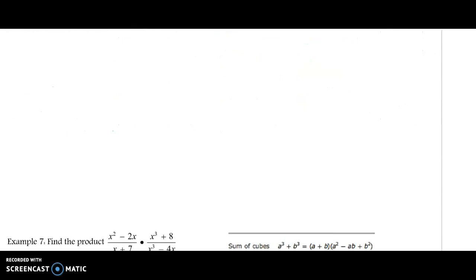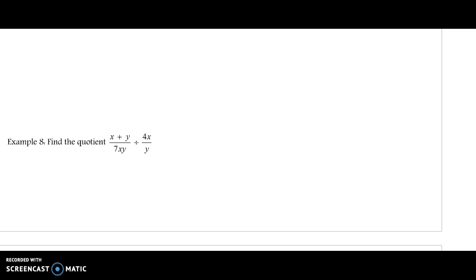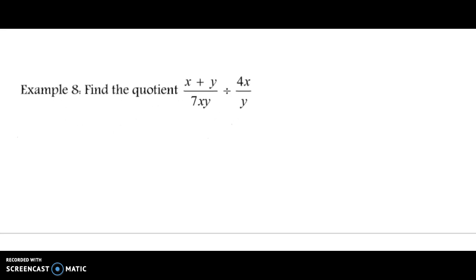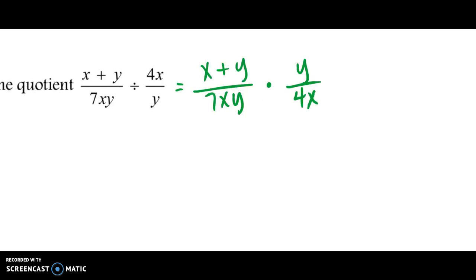Now let's move on to number 8. For number 8, we're finding the quotient, so we're dividing. When you divide two rational expressions like this, you can also just flip the second part and then multiply.